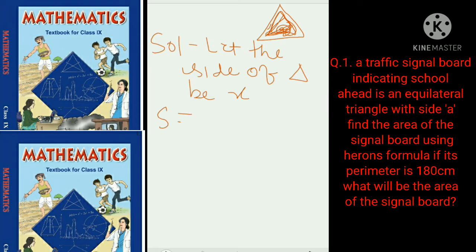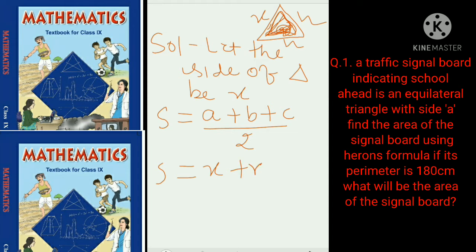The semi perimeter formula is a plus b plus c by 2. In the triangle, this one is x, this one is x, and this one is also x, because this is an equilateral triangle and we have taken the side as x, so all sides will be equal. Now s equals x plus x plus x by 2.